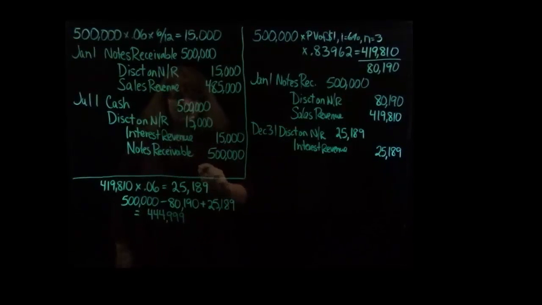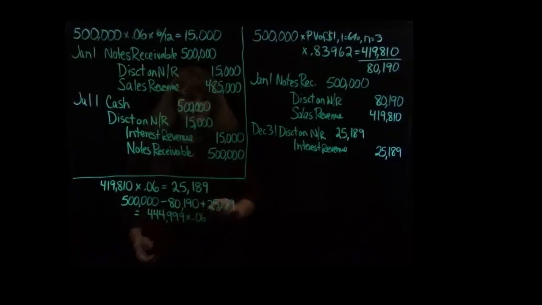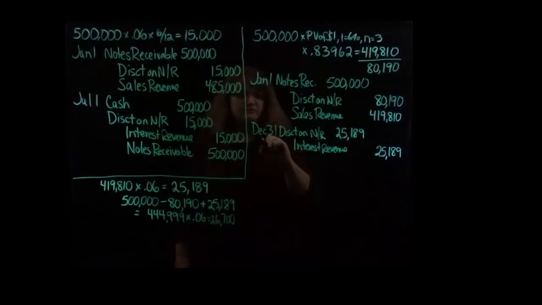In the second year, then this is the amount that we're going to base our interest calculation on. So we'll multiply that amount times 6%, and that's going to give us $26,700. So this was December 31st of the first year.